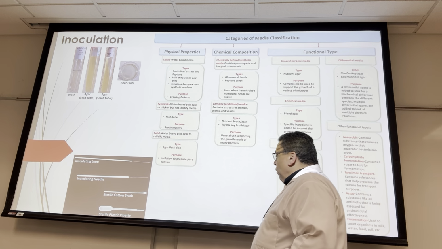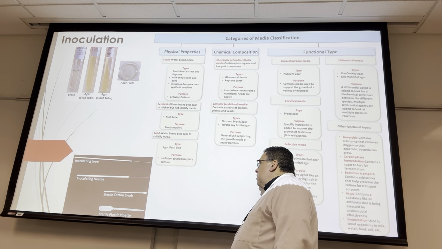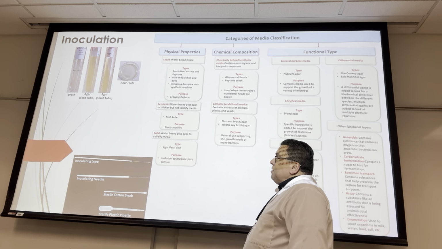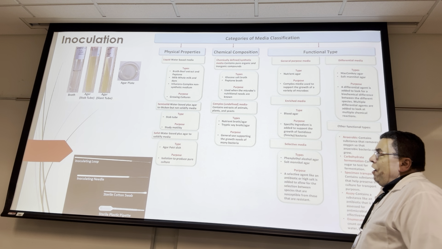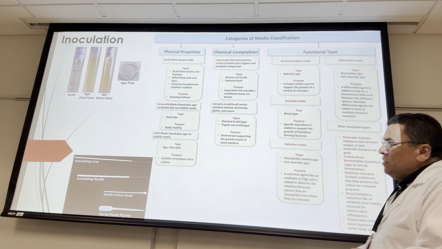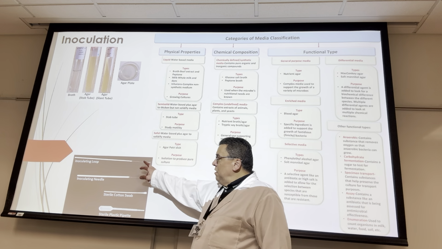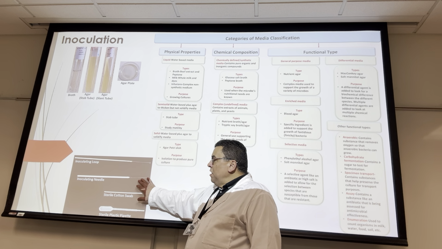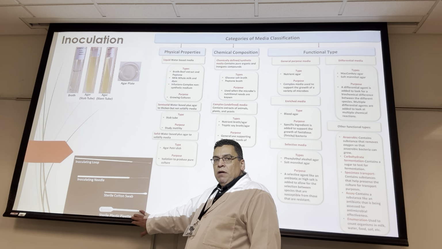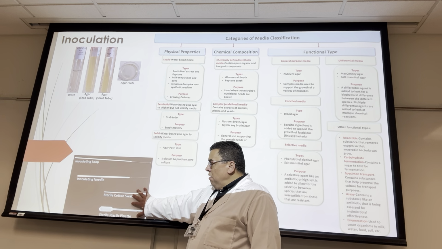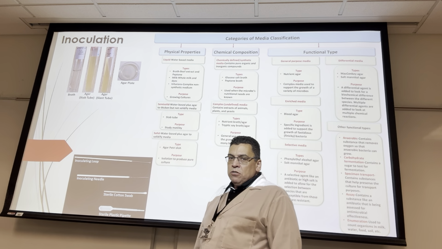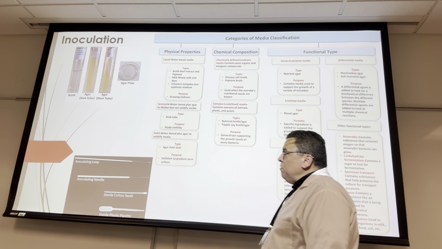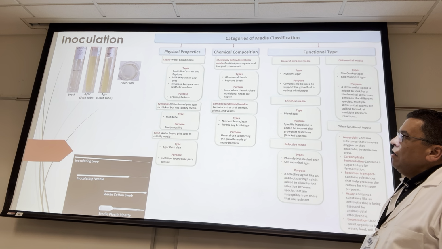But when you go through it, you'll realize you actually did a lot of these things, but let's see how I can guide your attention to at least certain things. Remember these things? These are your tools: inoculating loop, inoculating needle, the cotton swab, the Pasteur pipette. These already come sterile in their own package, so you already have used them, you're familiar with them.